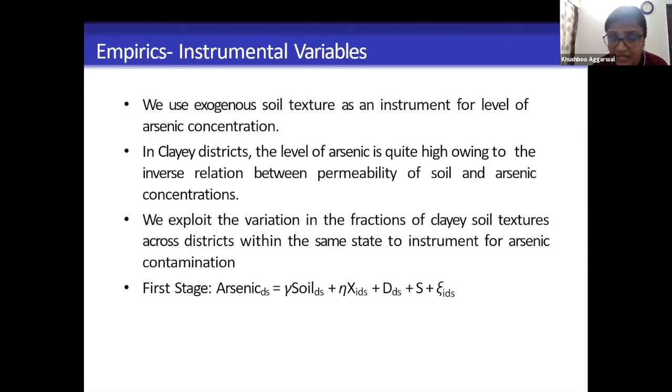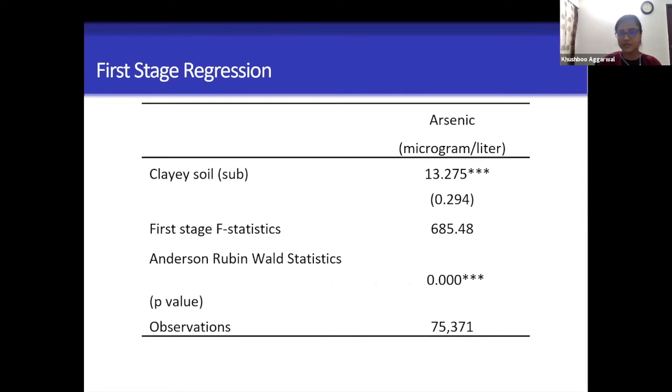Now, coming to our IV framework, as I've already mentioned, there is a positive correlation. Thus, we use the variation in the fraction of clay soil texture across the districts within the same state to instrument for arsenic contamination. So this is our first stage, and these are our first stage regression results. As you can see, our first stage is quite strong, so our instrument seems to be quite strong.